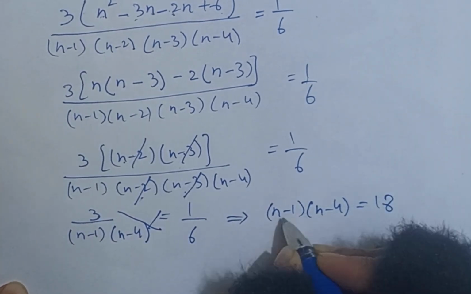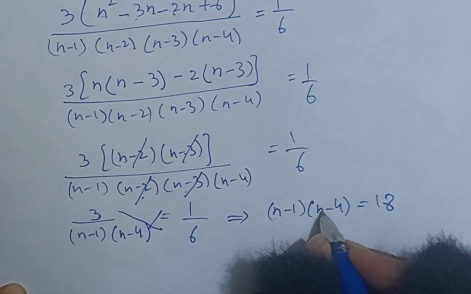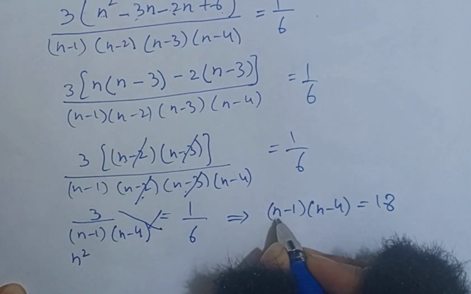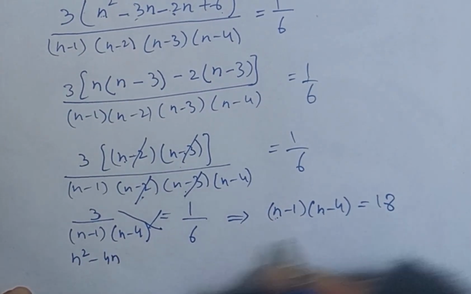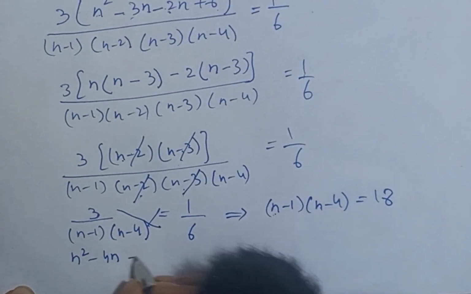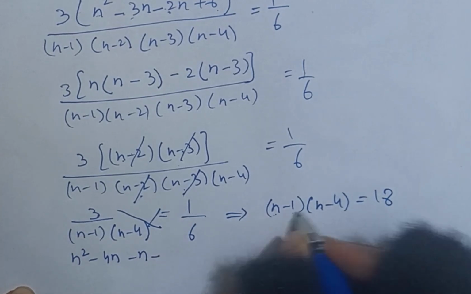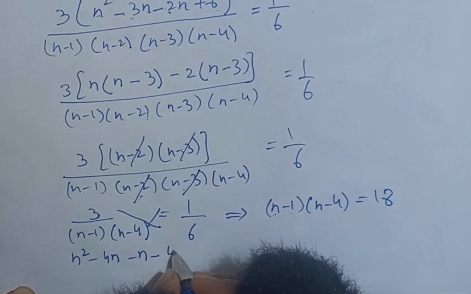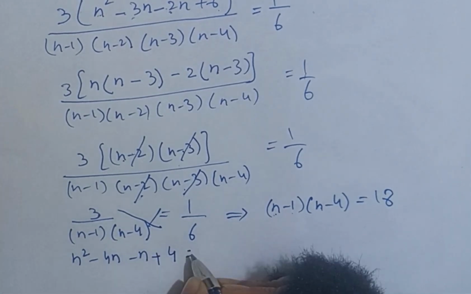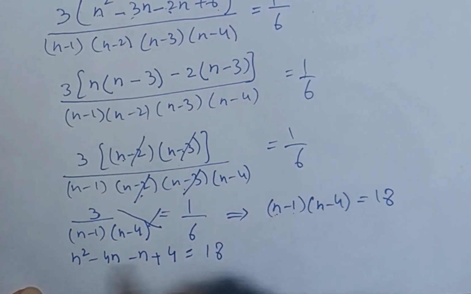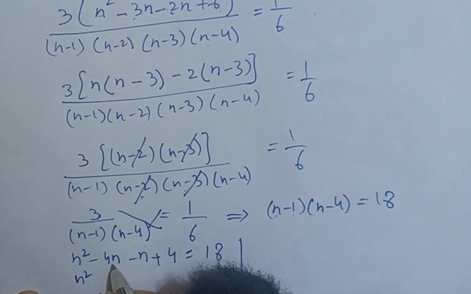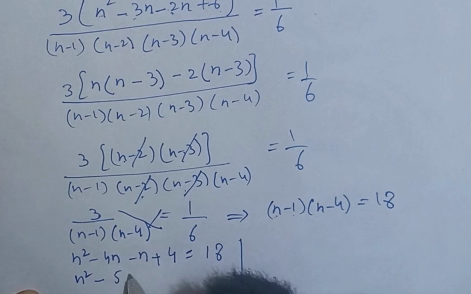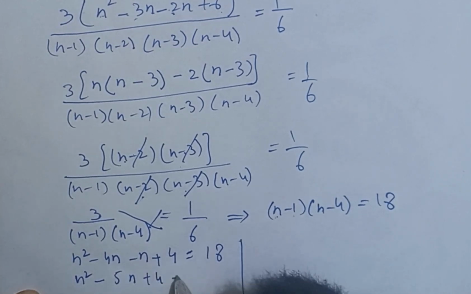So now we multiply this out: we get n², multiply n by minus 4, we get minus 4n, and after that multiply minus 1 by n, we get minus n, multiply minus 1 by minus 4, we get plus 4, equal to 18. So now we simplify this, we get n² minus 4n minus n is minus 5n, plus 4 is equal to 18.